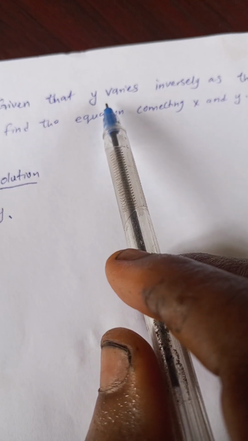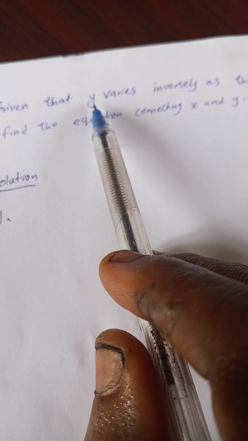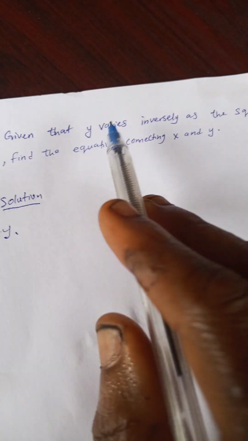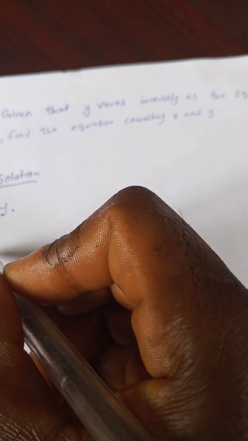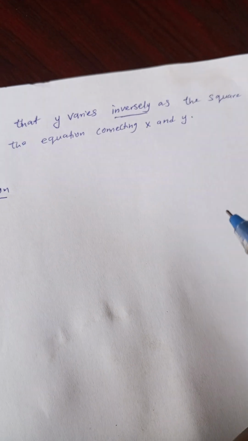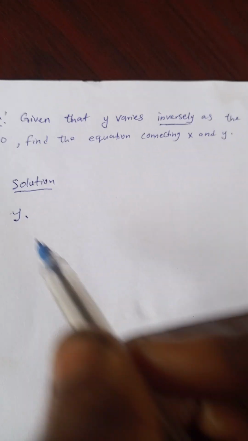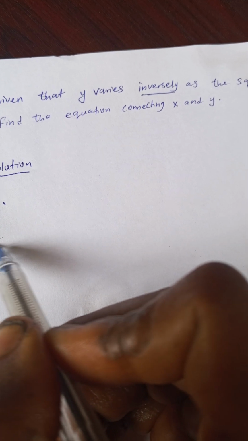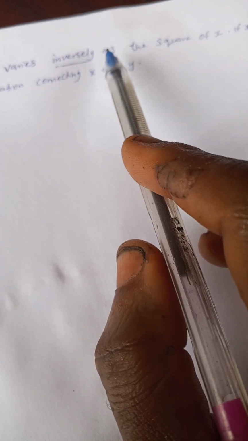that y, so we start with the variable y. They said y varies, so we bring the sign of variation, inversely. So note this word inversely. It varies inversely, so you have to put 1 in your division sign. Inversely as what?